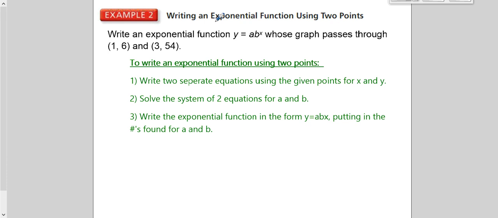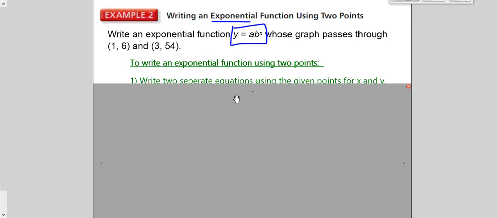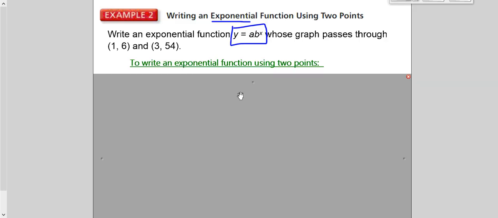Let's practice writing some exponential functions. Write an exponential function, y equals a times b to the x, whose graph passes through (1, 6) and (3, 54). So here are the steps we're going to use. We have to find what number a is and what number b is.